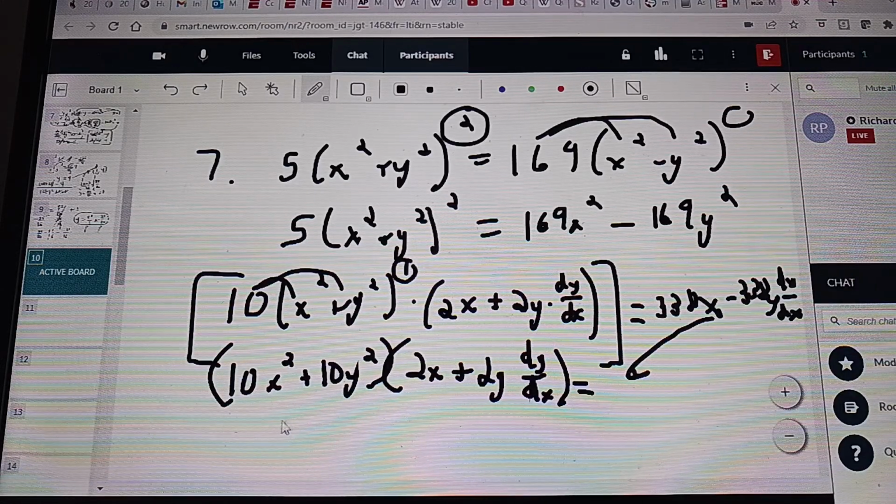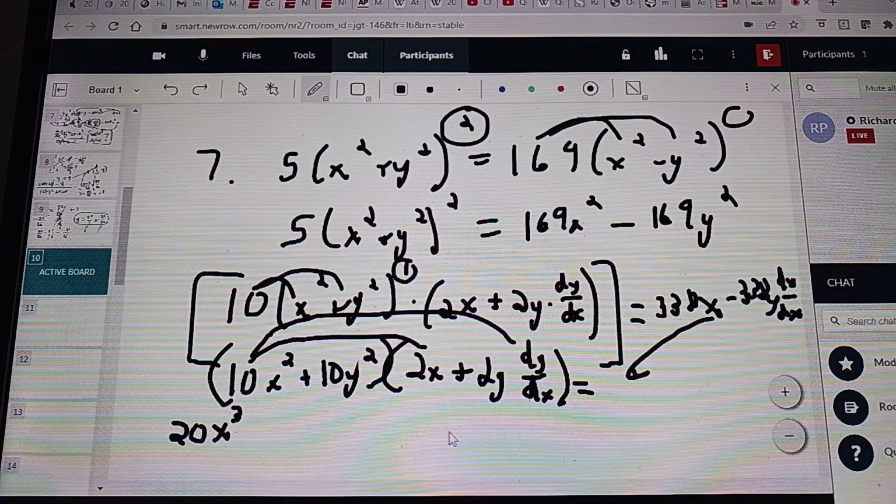Okay, so we're going to have to FOIL this out, unfortunately. 10x squared times 2x is 20x to the third. And that does not have a dy over dx attached to it. Then 10x squared times 2y would be 20x squared y, and that would have dy over dx attached to it.